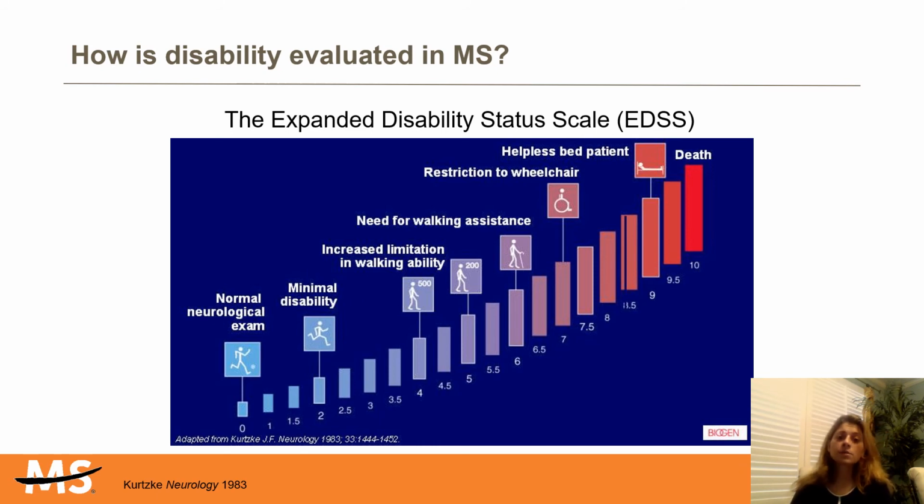So someone with minimal disability may range from 0 to 2, and as they continue to need assistive devices, their scores go up higher, where patients have increased limitation in walking ability at a score of 4 and need assistance for walking when they reach a score of 10. Again, this is the gold standard, but we do not use it in everyday practice, and it has limited sensitivity in rehab.